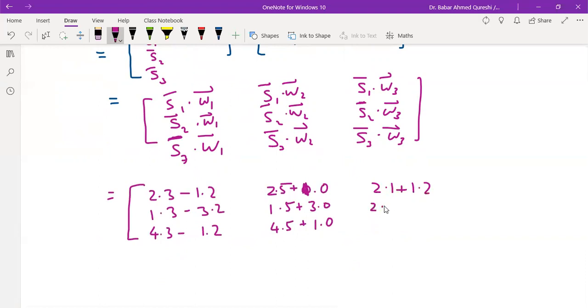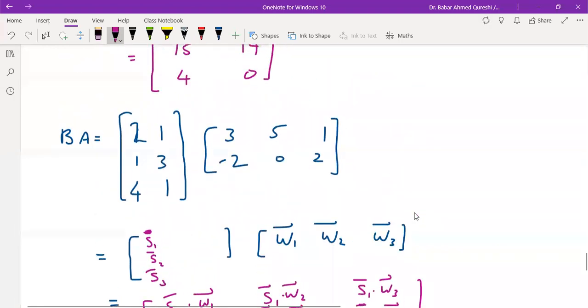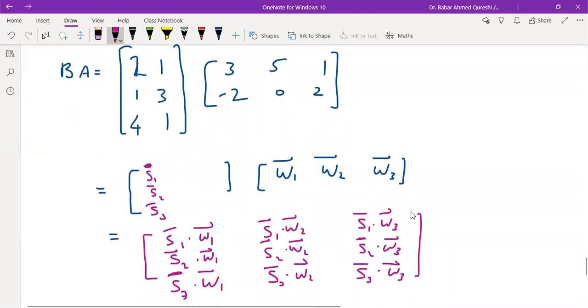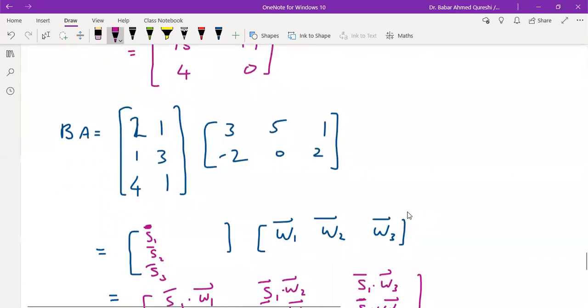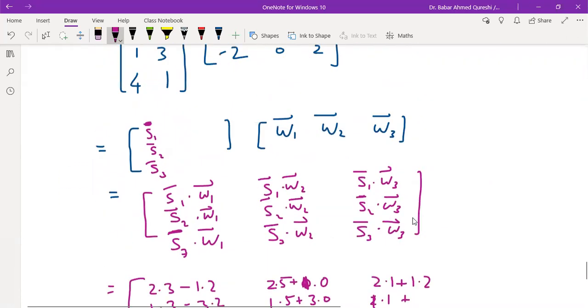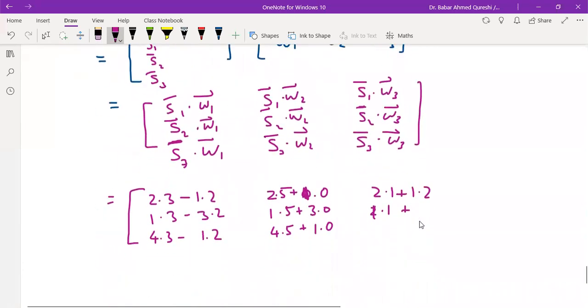Then 1 into 1 plus 3 into 2, and 4 into 1 plus 1 into 2.